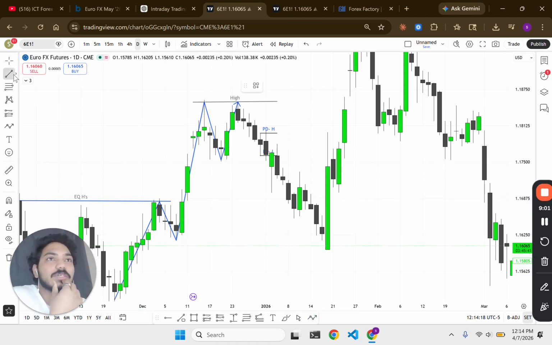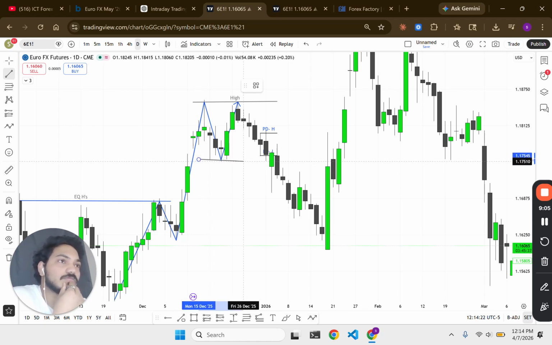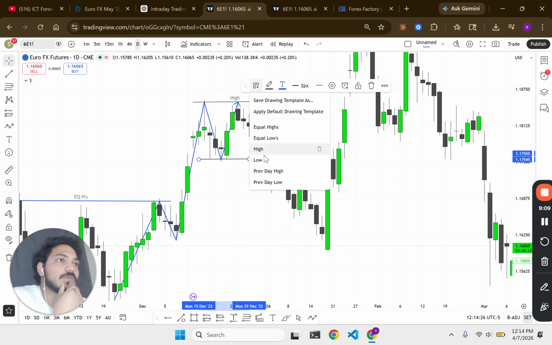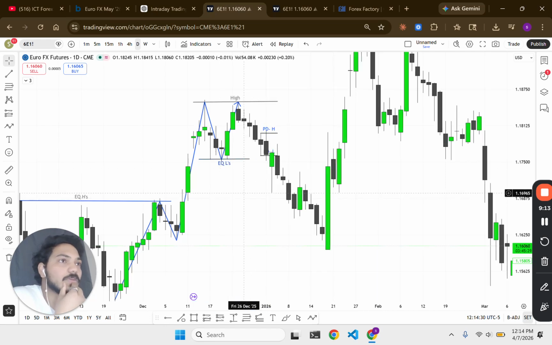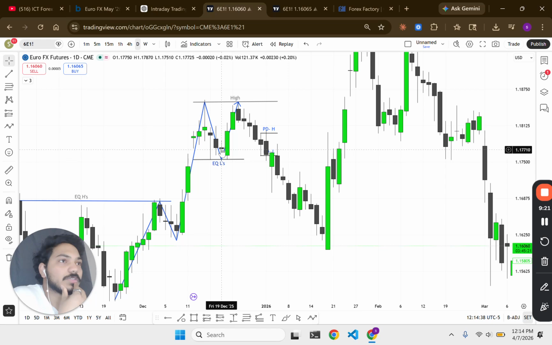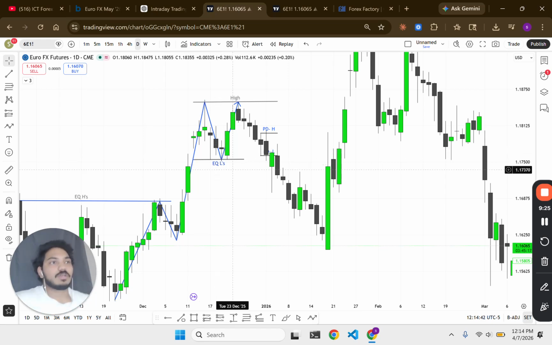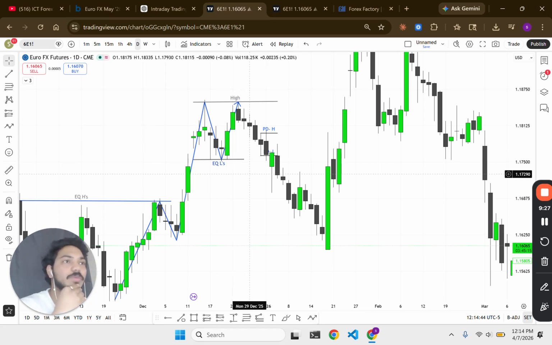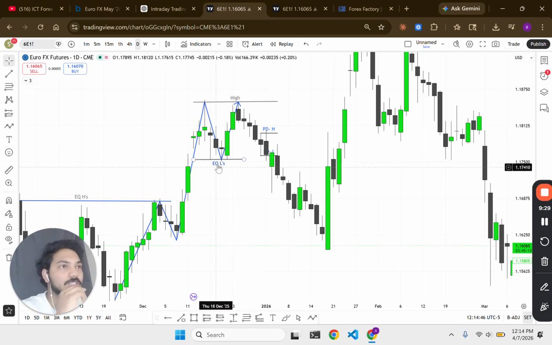Let's mark this as well. On this particular day, which is 19 December, it tried to pierce that equal low, but it couldn't, so it left a wick.